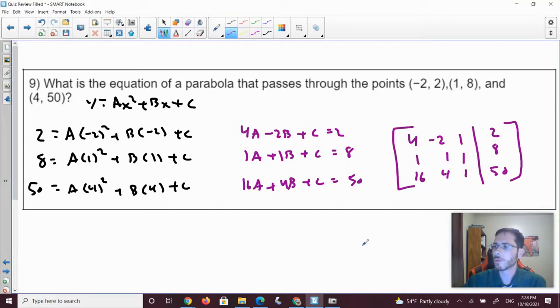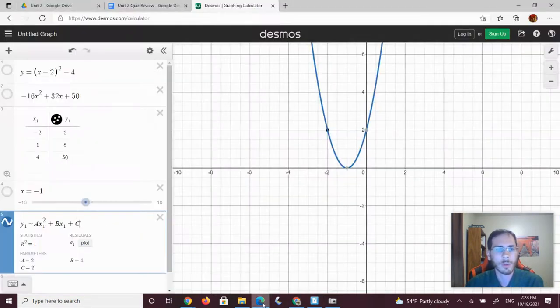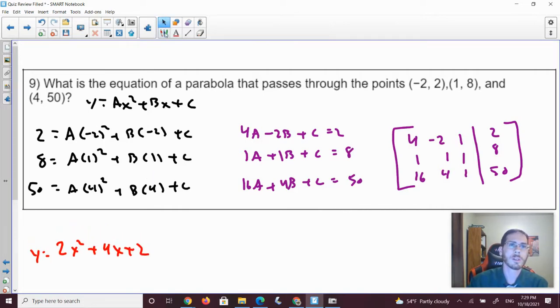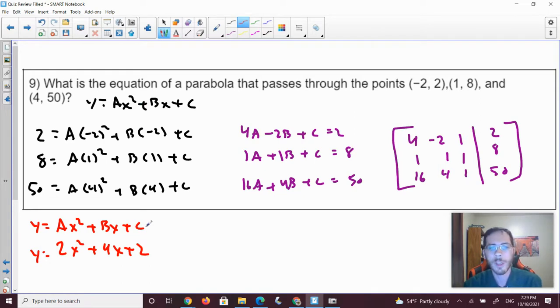So that means that our equation should be y equals 2x squared plus 4x plus 2. Make sure I got the right order: A 2, B 4, C 2. And remind us that we're using y equals ax squared plus bx plus c, so we're still using standard form from up here.